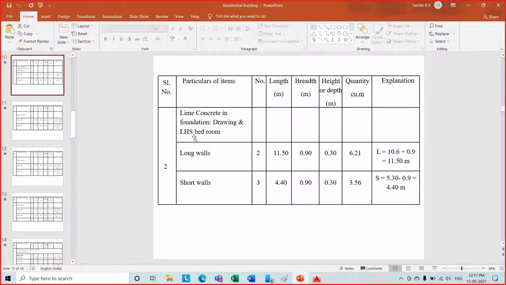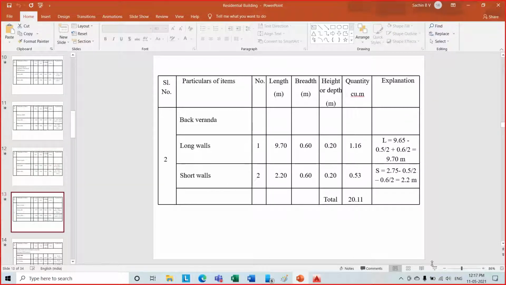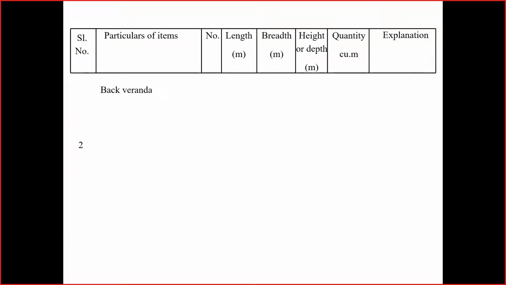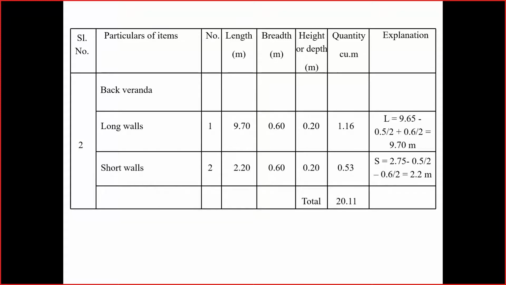Starting from here, drawing and left hand side bedroom 6.21 plus 3.56, both long wall and short wall, and bedroom right hand side, long wall 5.18 and short wall 2.11, and front veranda 1.16 and 0.2 for both long wall and short wall. And totally here we have addition of these two things, we have 20.11 meter cube of lime concrete which is required. So this is how we do the calculations.